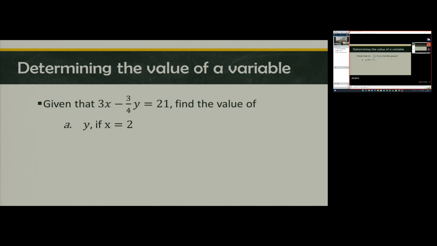What's your answer there? It's just a fraction. We have negative 3 over 4y. I taught you how to solve fractions, right? Who wants to try? Answer is?